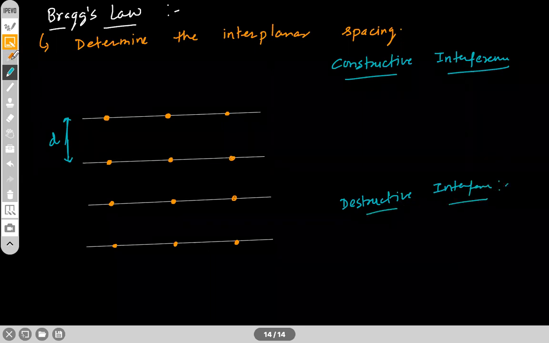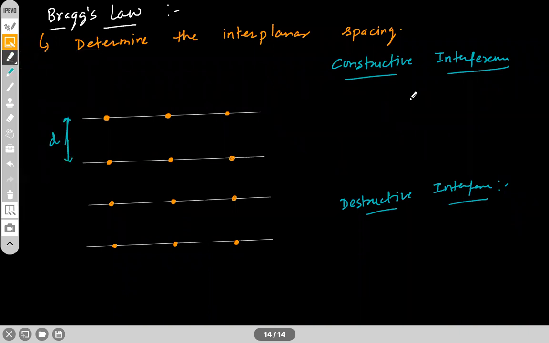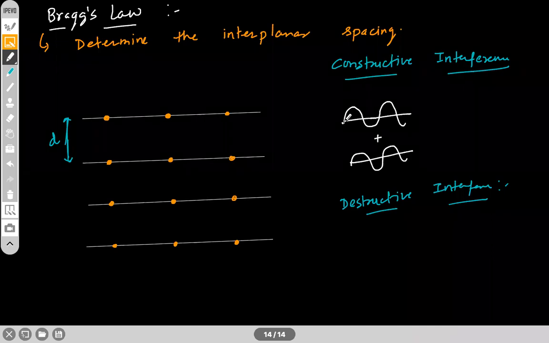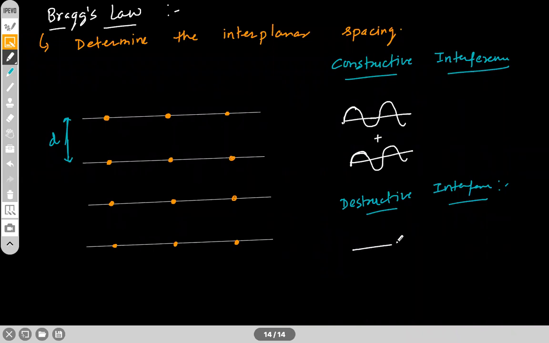So constructive interference is, suppose we have two waves of same phase, like this it is going. And one more wave we have like this. So phase is same, means it starts from this direction and goes, and this also goes in this direction. But when one is going this way and another one is going this way, these two are said to be in opposite phase.